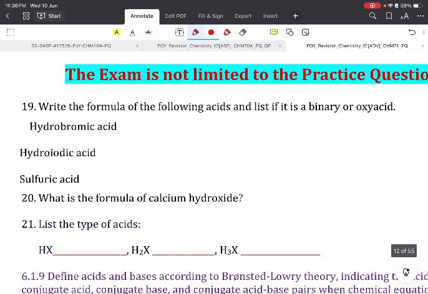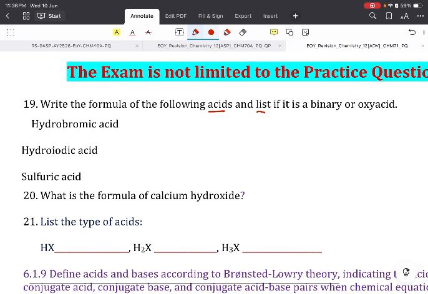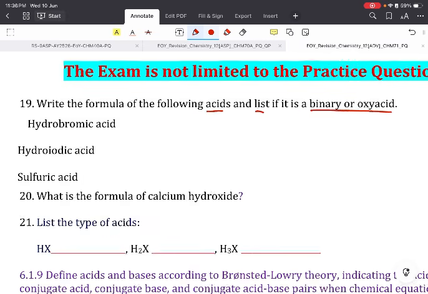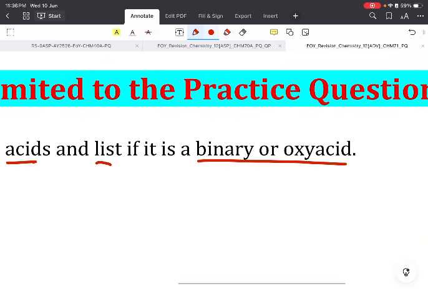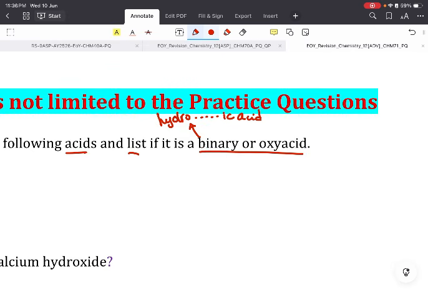Write the formula of the following acids and list if it is a binary or oxy acid. Now, binary acids, their name always starts with hydro, then the name of the nonmetal ended with ic acid, whereas oxy acids are the acids containing hydrogen, an element, and oxygen with them.